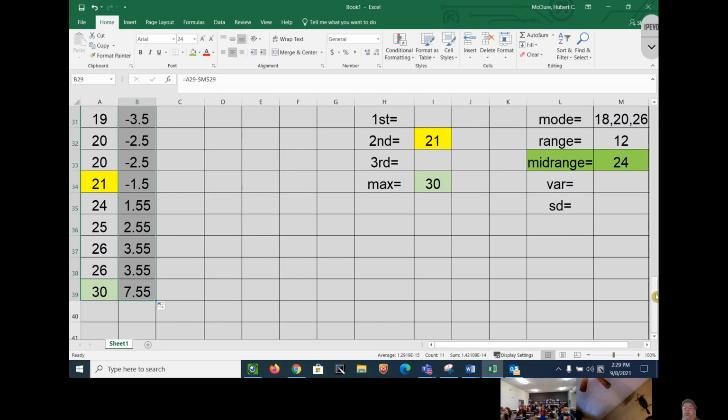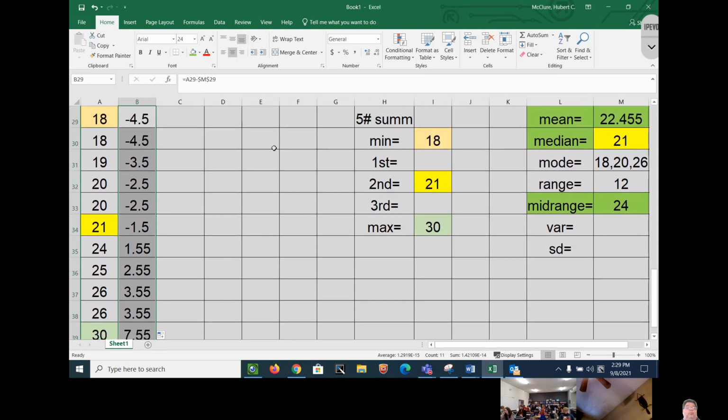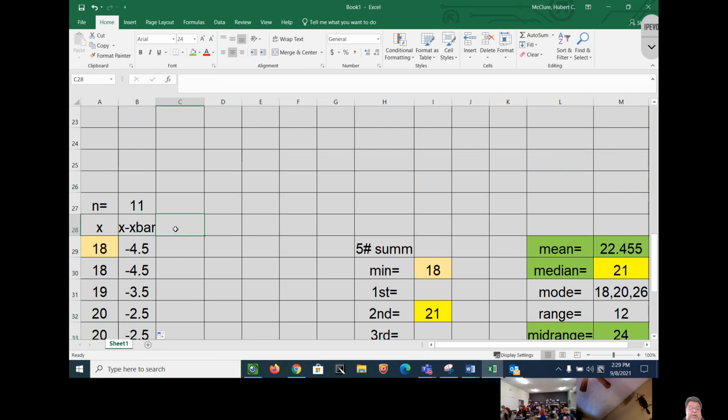And then we square that function. So that's going to be x minus x bar raised to the second power. And that's going to be equal to this guy raised to the second power.